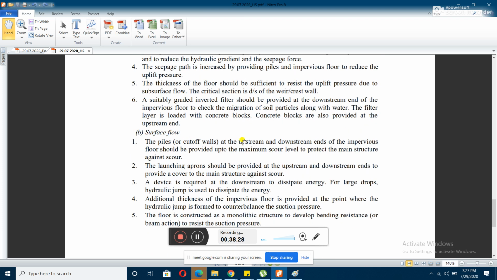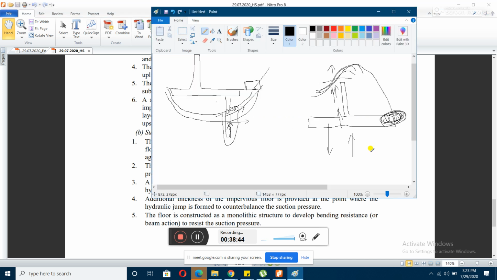Surface flow, what measures are being taken, I have already mentioned. And one more thing, another device is required at the downstream side to dissipate energy. A device is built here so that it can absorb the energy.